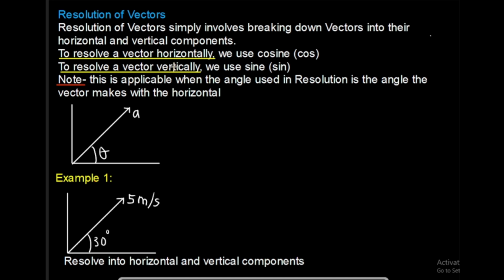To resolve a vector horizontally, we use cosine. To resolve a vector vertically, we use sine. This is applicable when the angle used is the angle the vector makes with the horizontal.